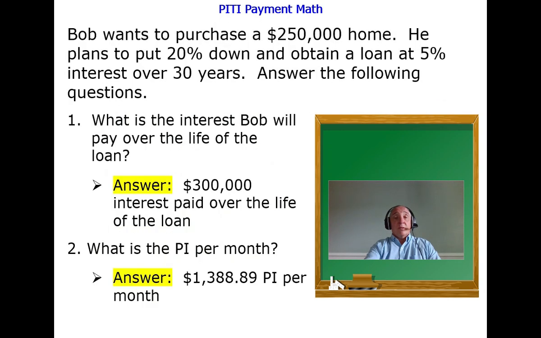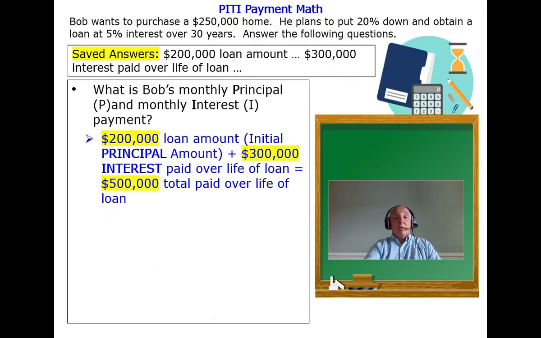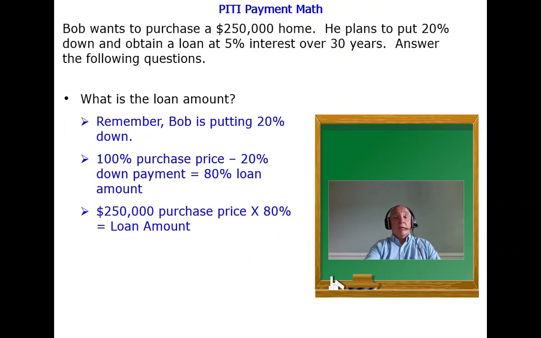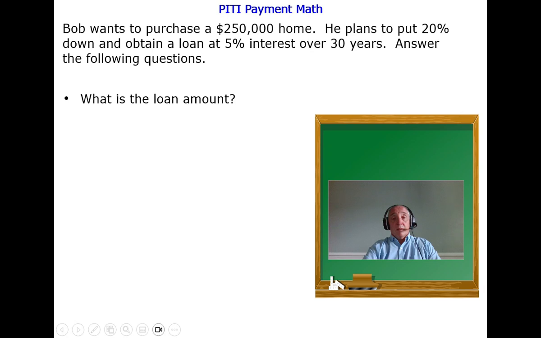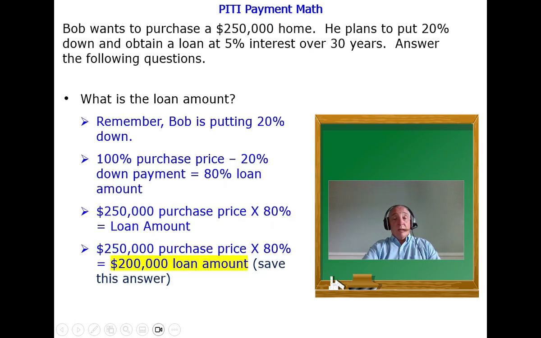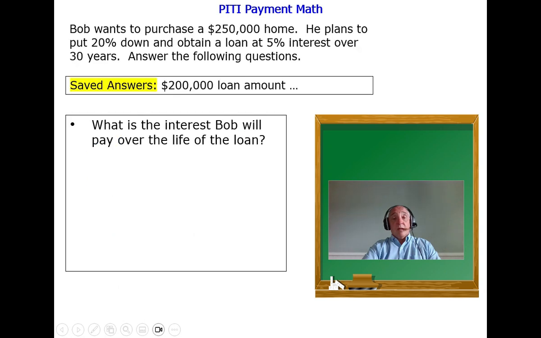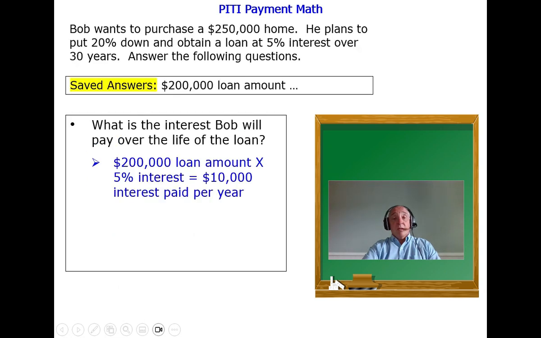Let's go back to our beginning. Remember that Bob's loan was $200,000. The interest was $10,000 a year.